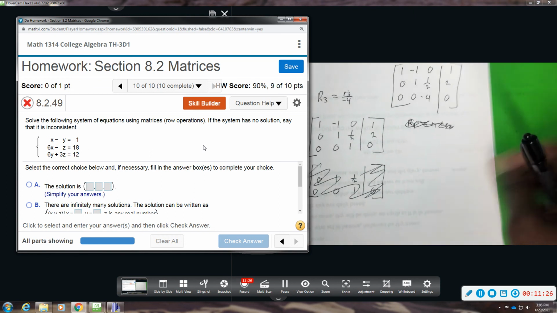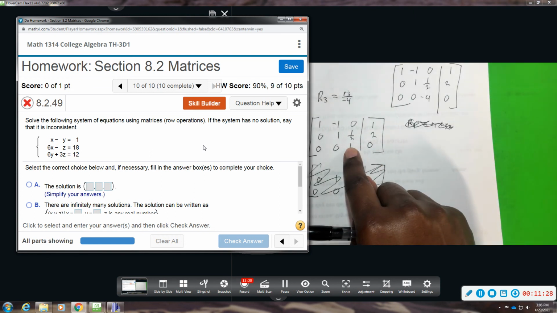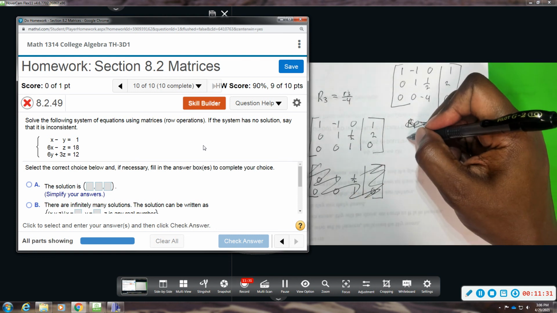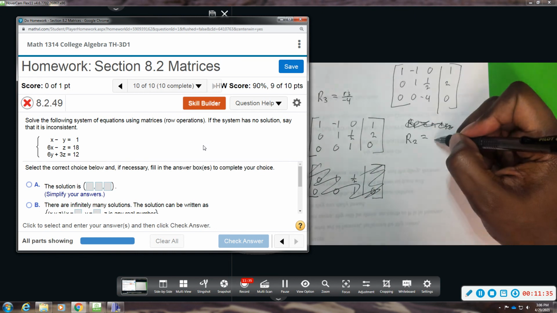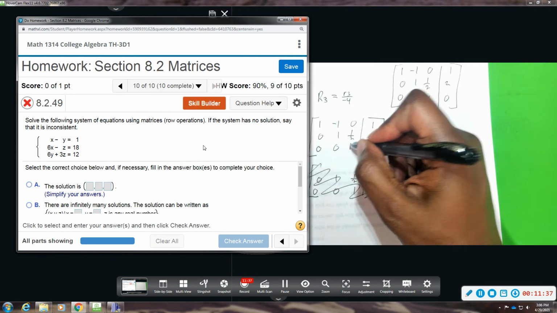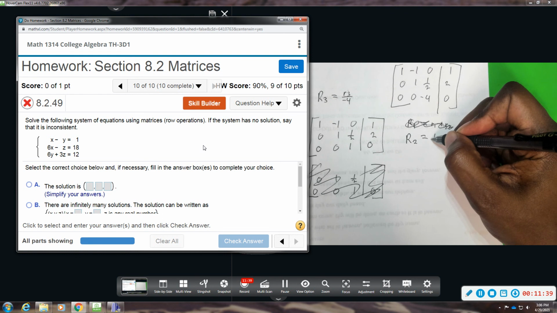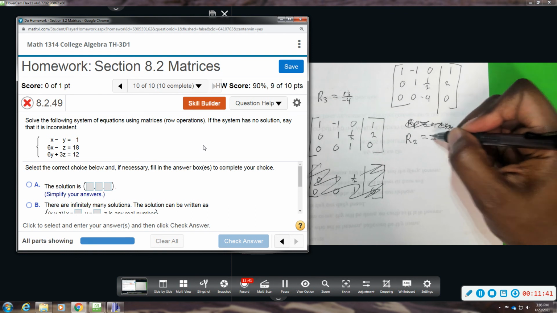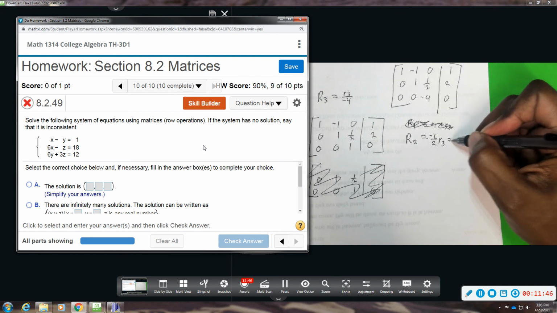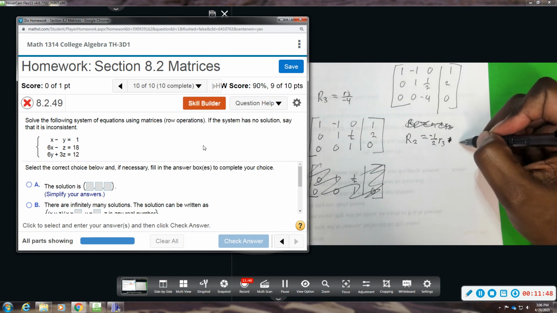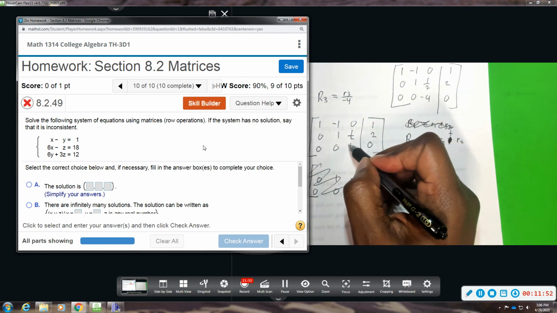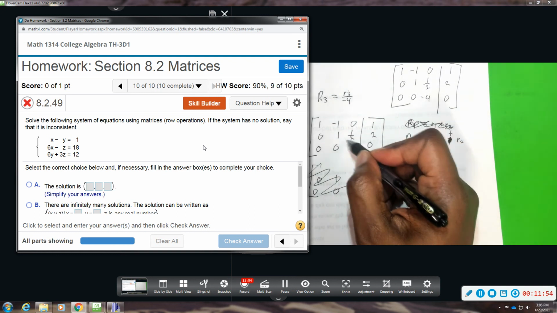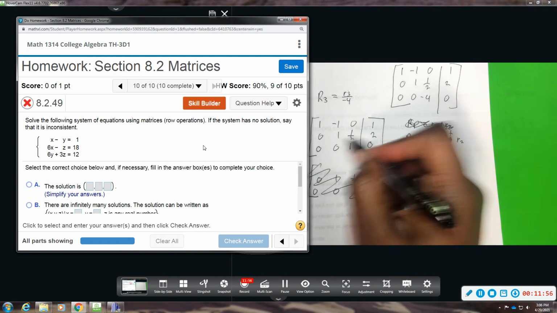So what I'm going to do is change row 2: row 2 equals row 2 plus -1/2 times row 3. So I'm going to multiply row 3 by -1/2. So when I add that, it goes to 0, and that'll give me that row complete.